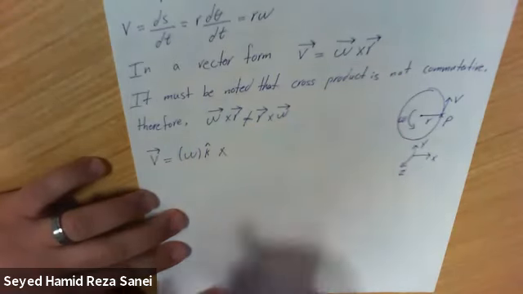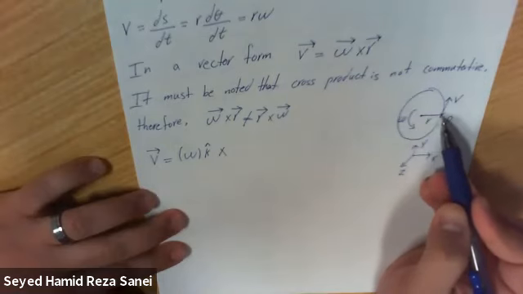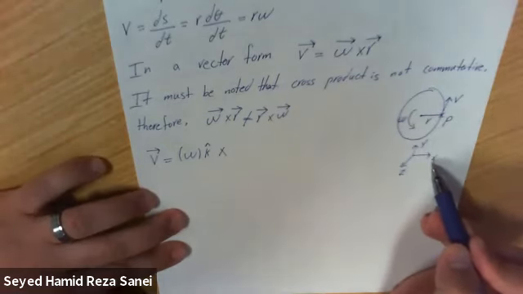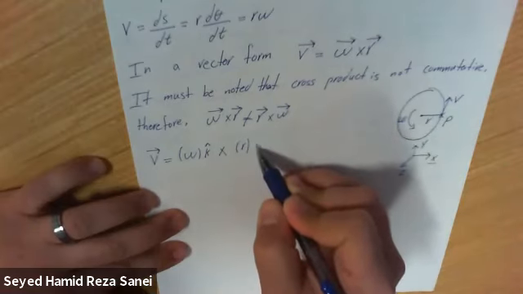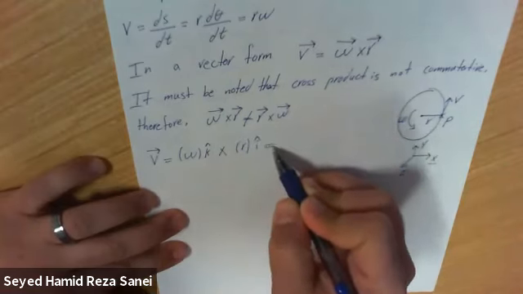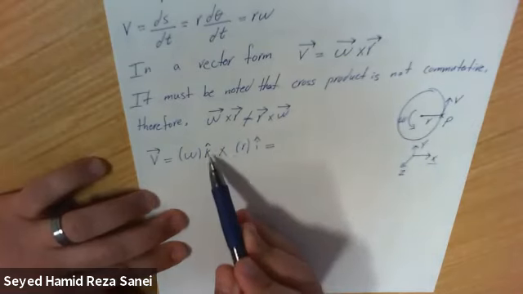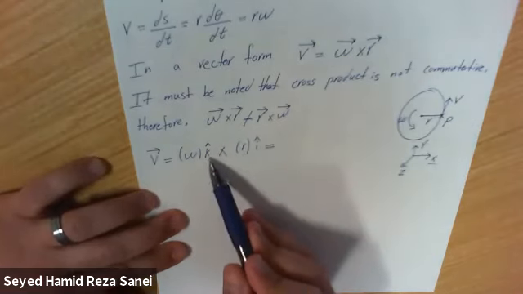Cross r in vector form would be in the direction of x, so it would be i. So I write it R i. So omega cross R is k cross i.